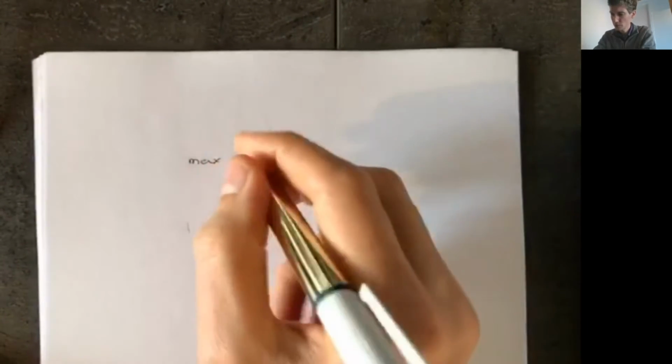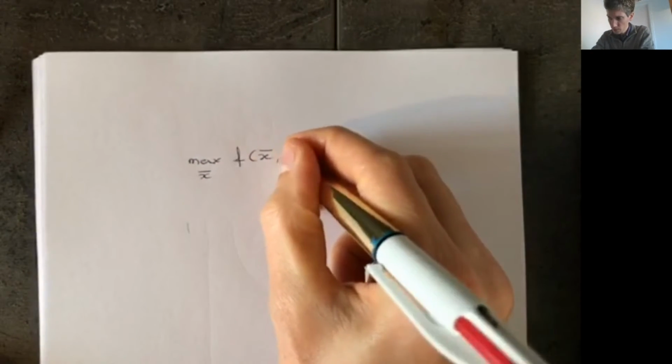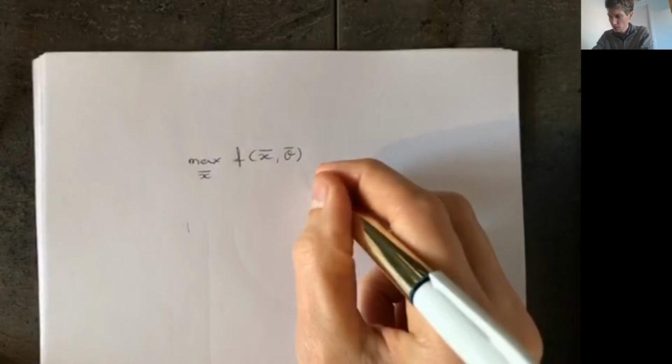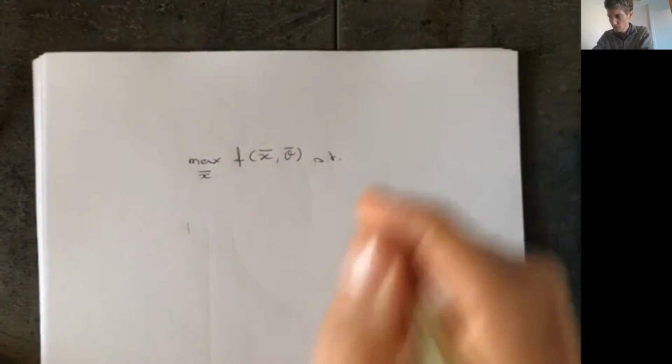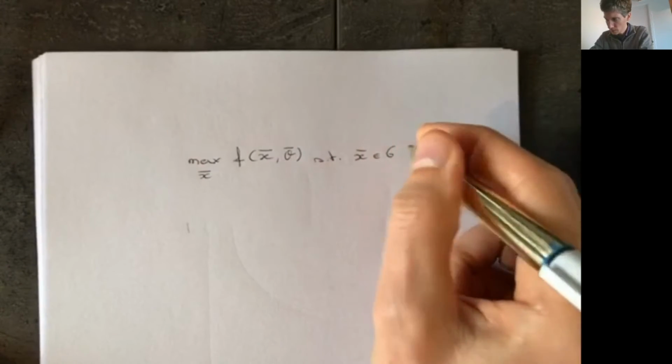Okay, so let's now return to Berge's maximization theorem. So remember, what did we have? We wanted to maximize a function f that depends on a decision variable. So we want to maximize with respect to x, and it may depend on a set of parameters, theta, subject to x in G of theta.